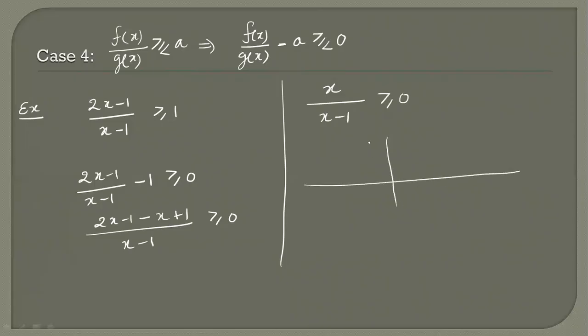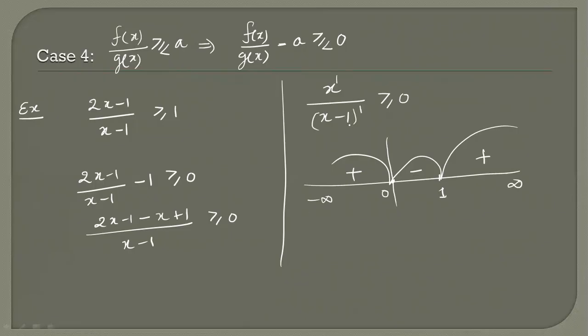Now, what are the critical points? x equal to 0 is a critical point, and x equal to 1 is a critical point. Plus, minus, plus. The conditions are satisfied here. The linear factor has degree 1 and the coefficients are also positive.